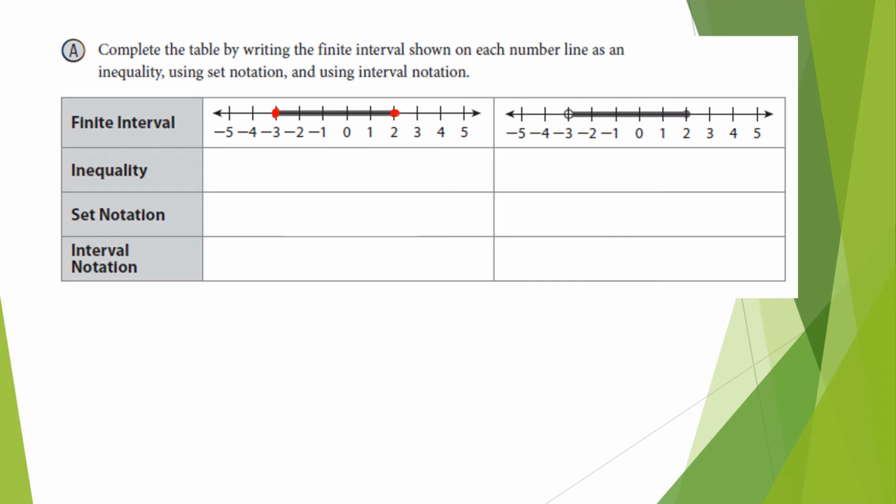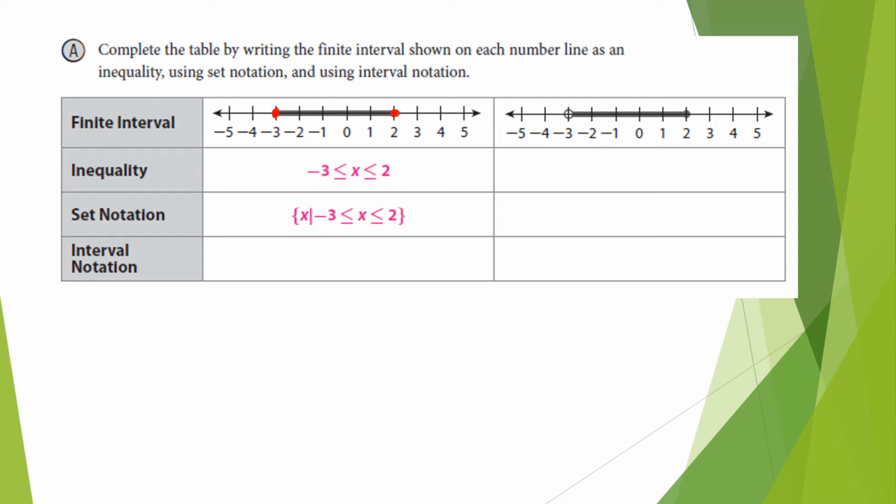I'm going to write the inequality -3 less than or equal to X less than or equal to 2, because the X here is between -3 and 2. And when I write it in set notation, I'm going to use braces: X such that -3 less than or equal to X less than or equal to 2.